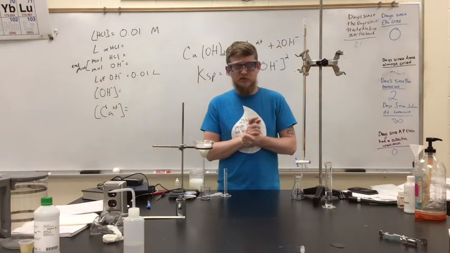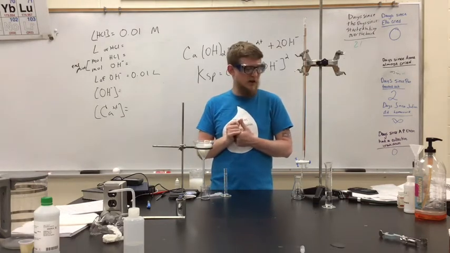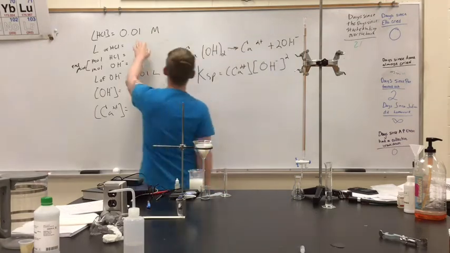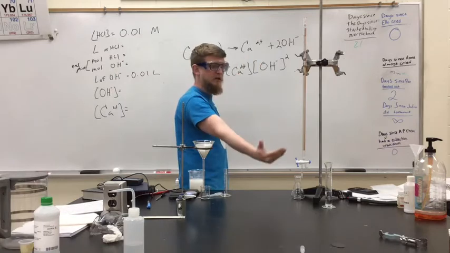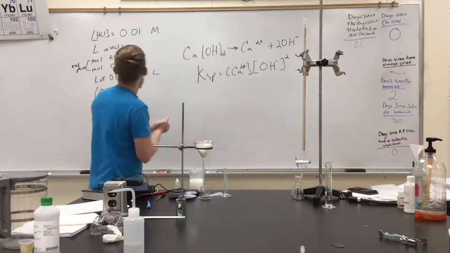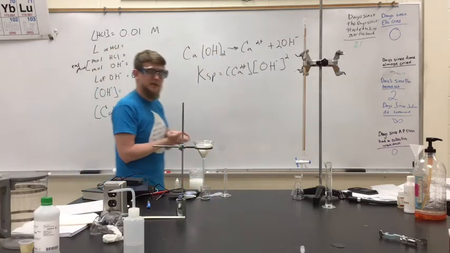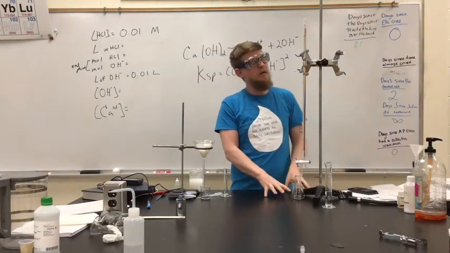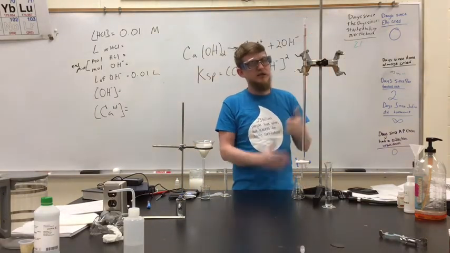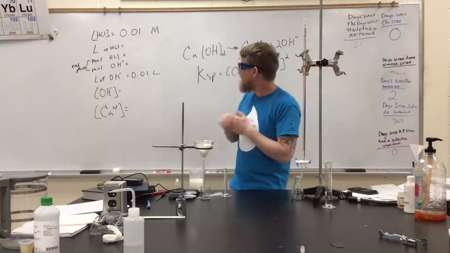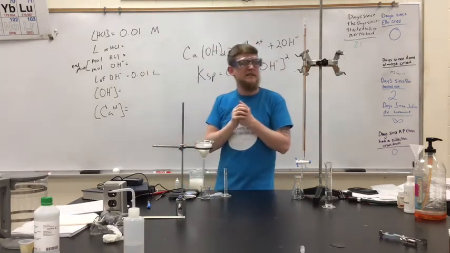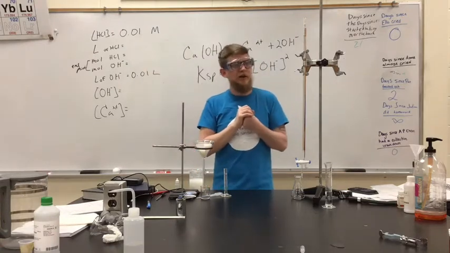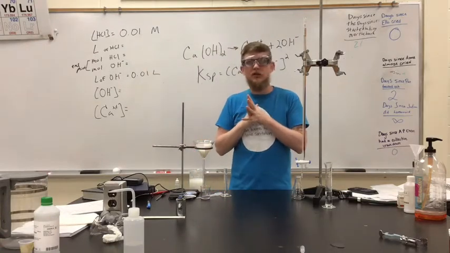While this is filtering, let's talk a little bit about the math that you're going to need to do to finish this lab. The acid we're going to use to titrate has been loaded into our burette. It's 0.01 molar HCl, so that's the concentration of the acid. Once we get our base down below, we're going to add acid until we reach the neutralization point. We need to record the volume of HCl it takes in order to calculate the moles of HCl required to neutralize this solution.